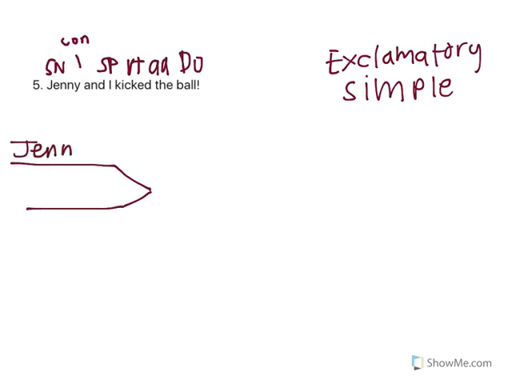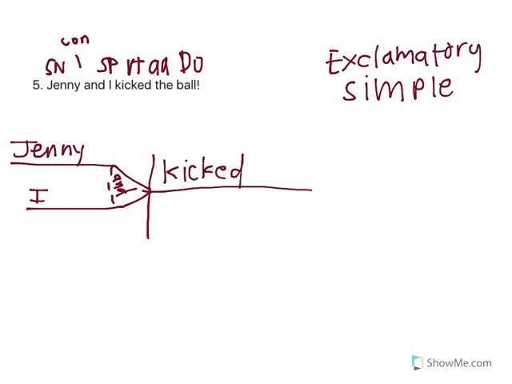Jenny, subject noun, and I, subject pronoun. And it's joined by a conjunction, and. And here's the verb here, performing the action. Kicked. Kicked what? Where are we transferring the action? Ball. And the word the modifies ball. Jenny and I kicked the ball.